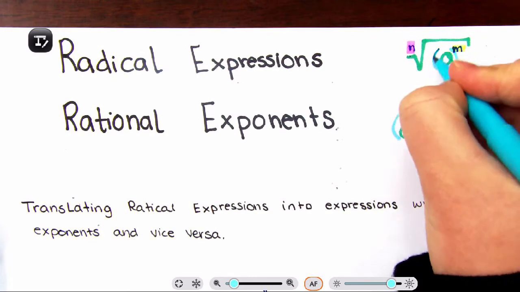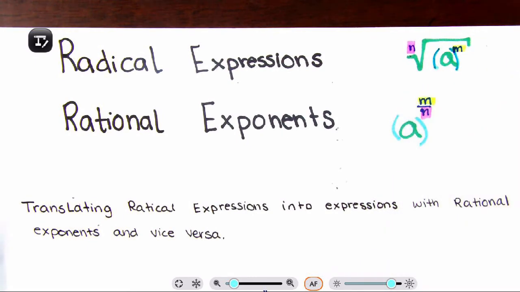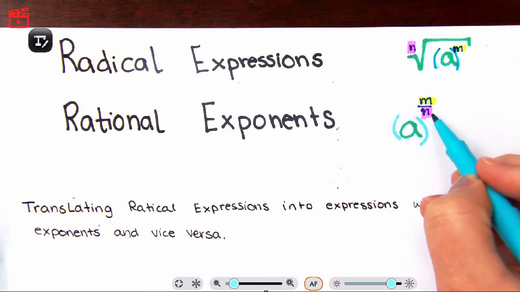In this case, our a is in a bubble. The exponent of a is m. The root is n. And so when we rewrite it into a rational exponent, it is m over n.